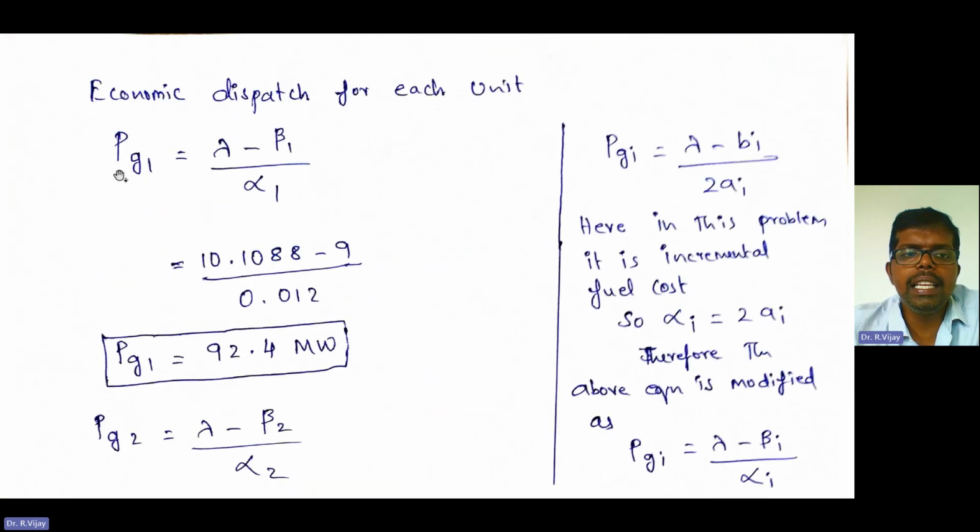And for calculating the economic load dispatch values with the lambda iteration method, PG1 is equal to lambda minus beta 1 divided by alpha 1. The actual formula is lambda minus bi divided by 2ai, but here 2ai is directly given in the problem, so we directly take it as alpha 1. You also need to remember that while solving this problem.